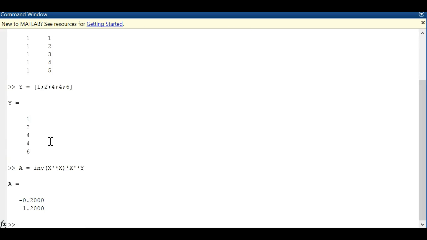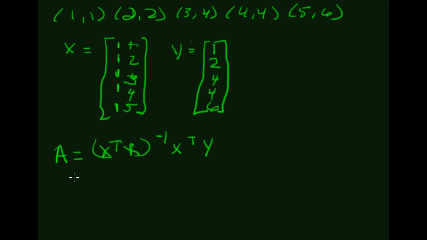And lo and behold, I get a nice little matrix here. So what does that mean? That means that I now have the constant, negative 0.2, and the slope, 1.2 for my equation. So let's write out that solution. Okay, so we got that A was negative 0.2, 1.2.